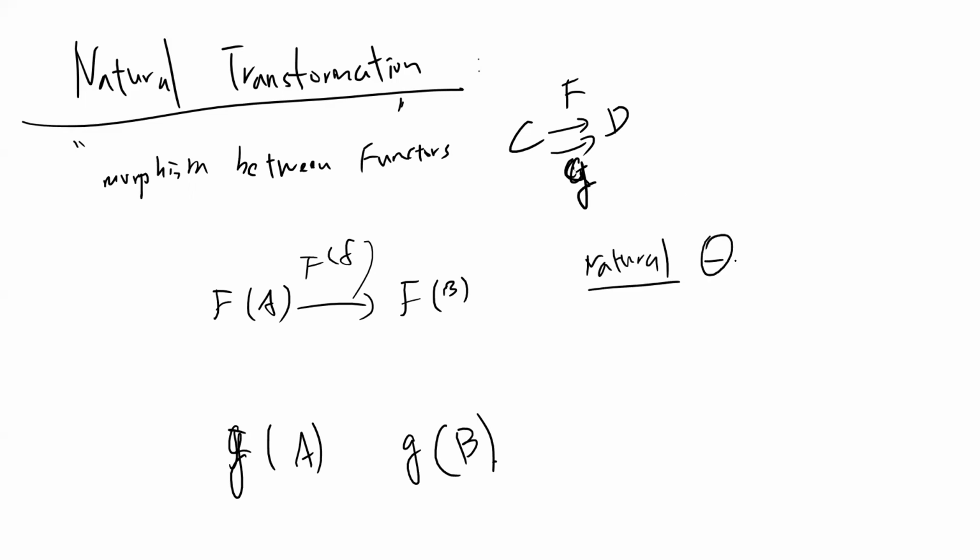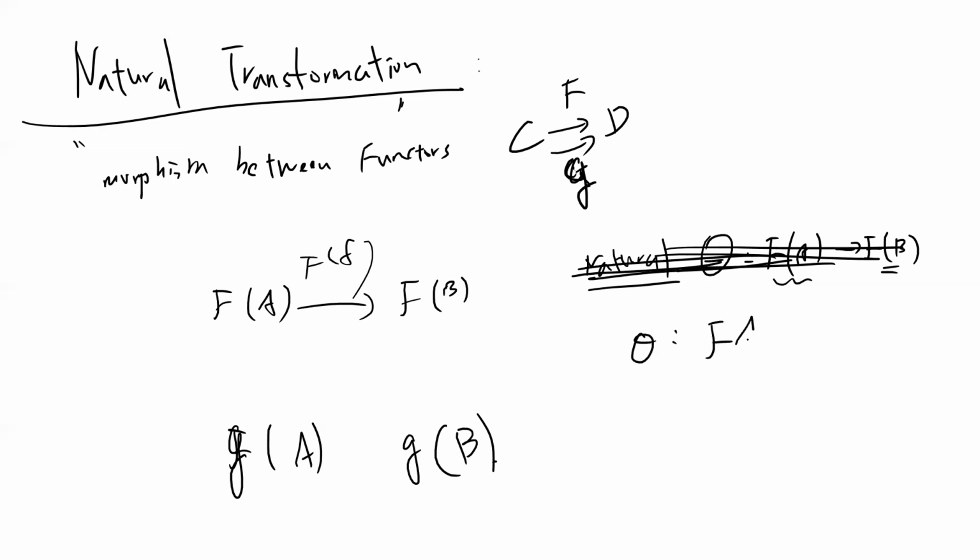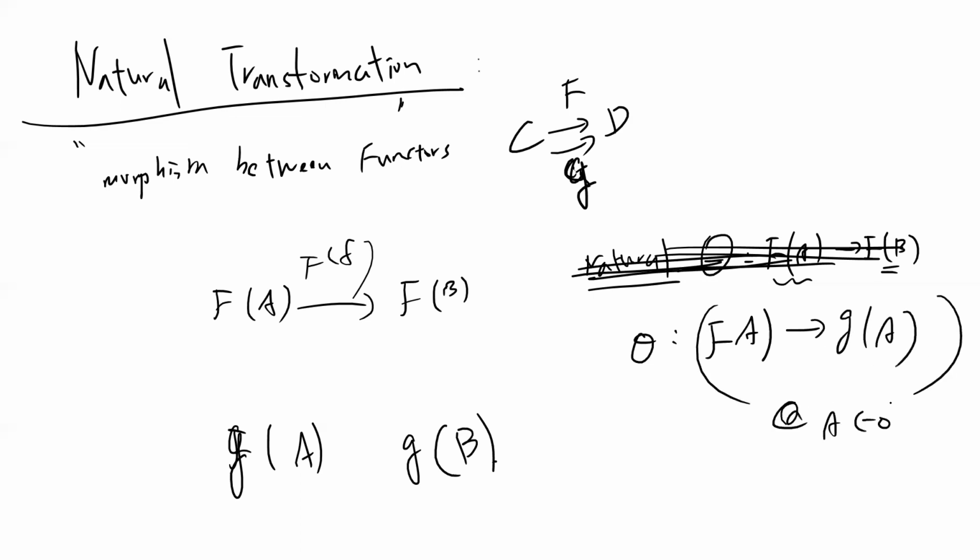It's a piece of data such that if somebody gives you any object FA, you need to map it to gA, where A is an object of the category C.